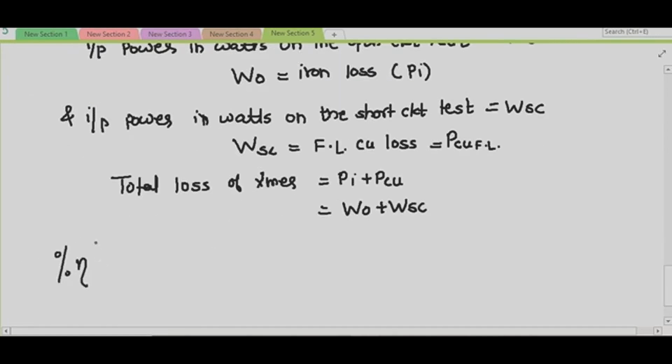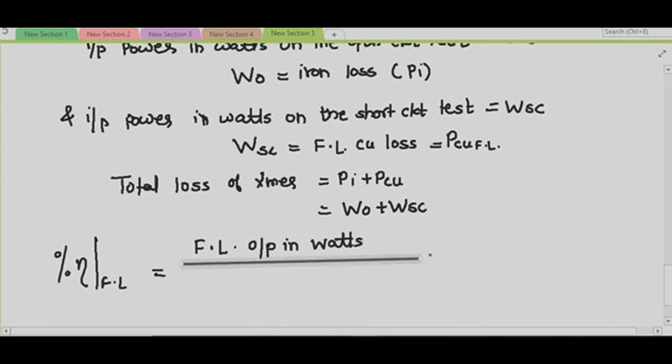Percentage efficiency at full load will be equal to full load output in watts divided by full load output in watts plus W0 plus WSC, meaning iron loss and the copper loss at full load, into 100.